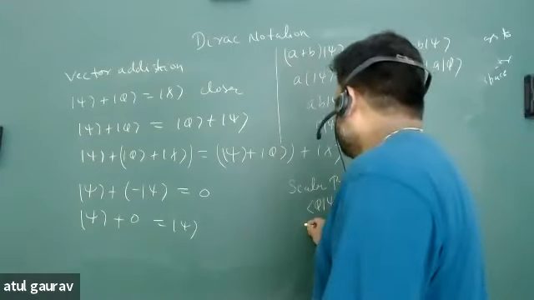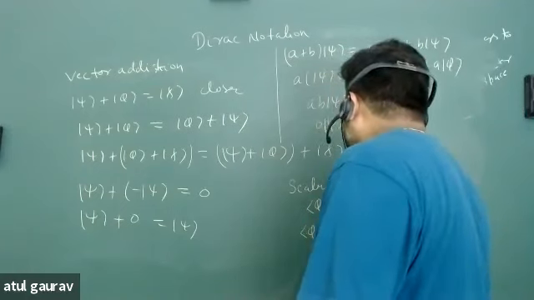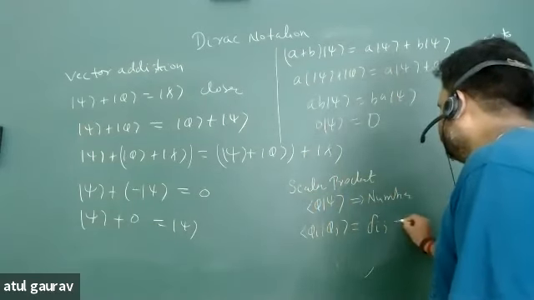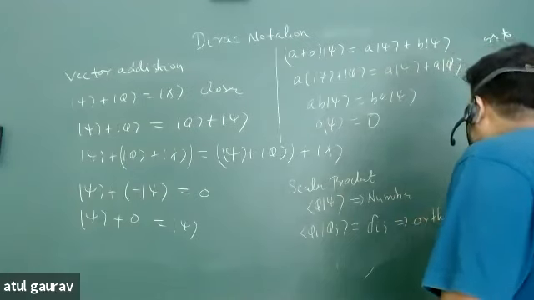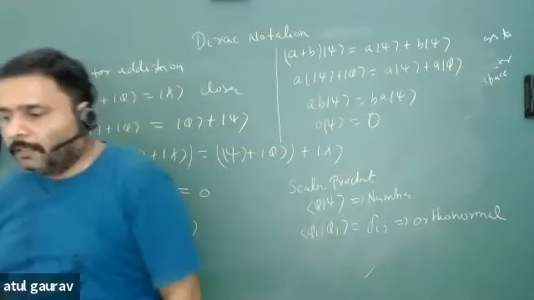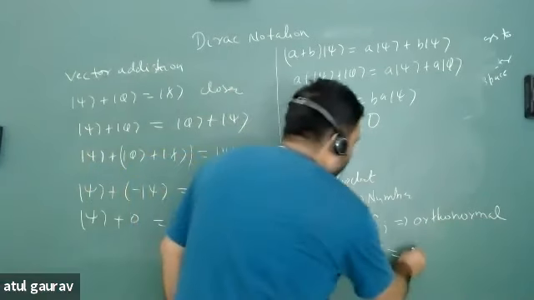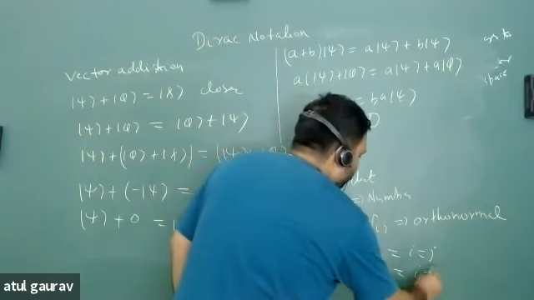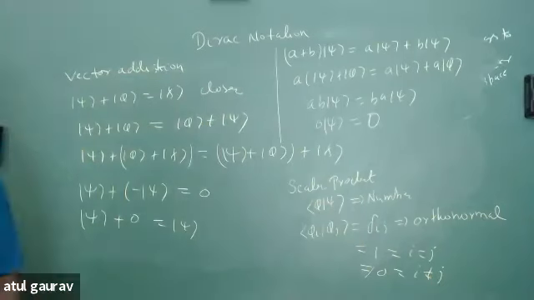Now what is the orthogonal condition? phi i, phi j is equal to delta ij is orthonormal. In the orthonormal condition, you have orthogonal as well as normal. What is the meaning of that? It is equal to 1 if i is equal to j, and equal to 0 if i is not equal to j. So that is the orthonormal condition.